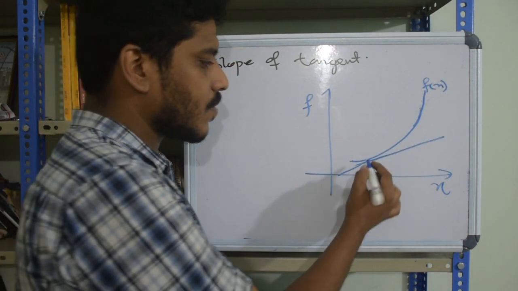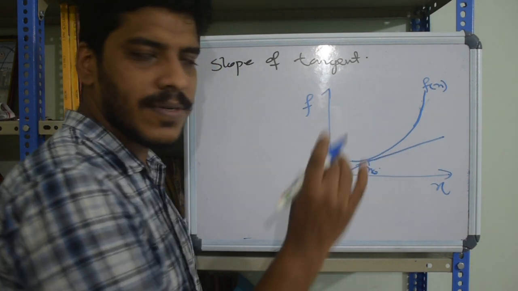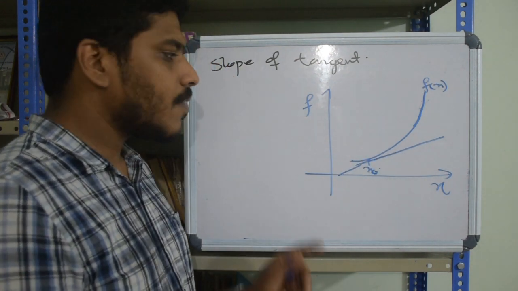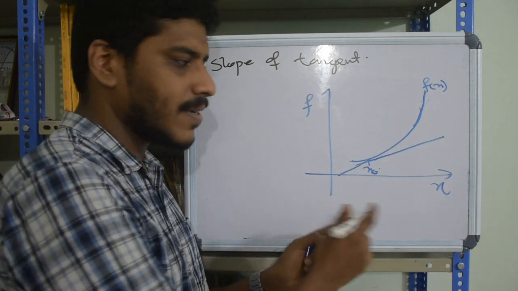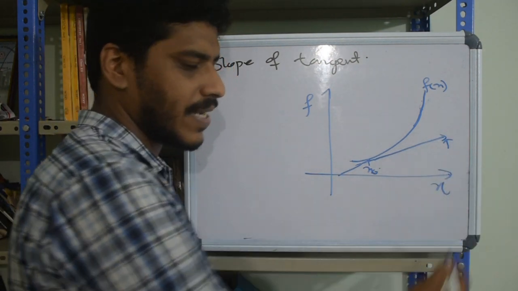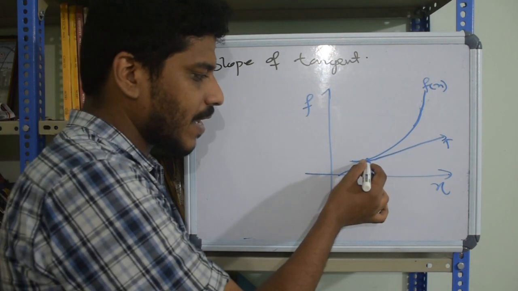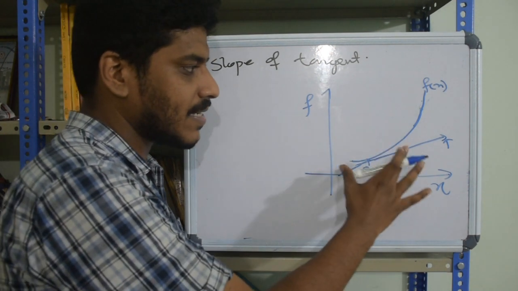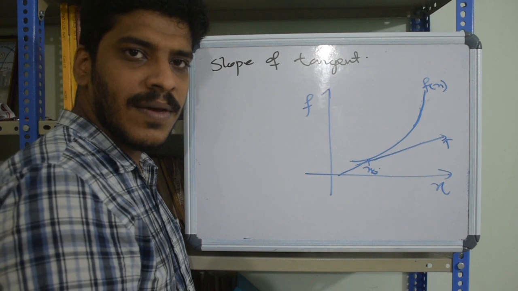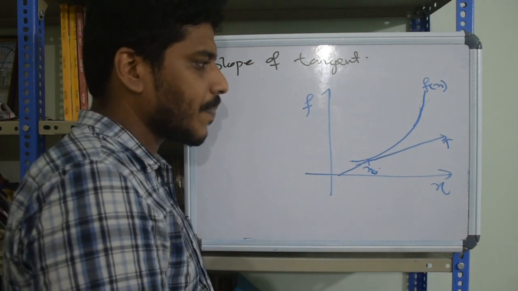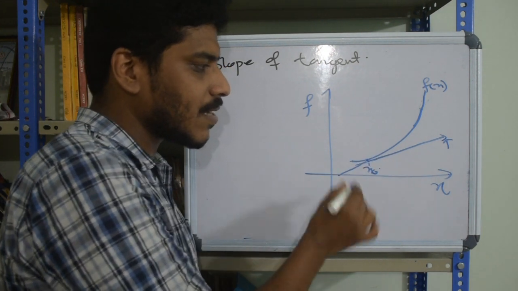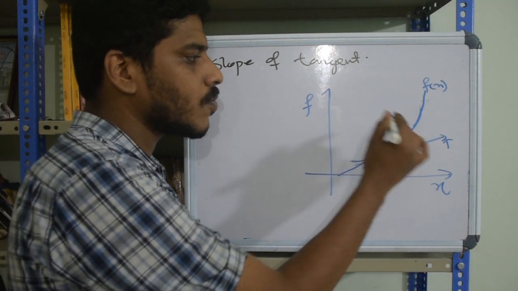Right. So choose this point to be x naught. So our task is to find the slope of the tangent line. I call this line t, the tangent line, at the point x naught. The slope of the tangent line at x naught. We make use of a technique as we have seen in our case of velocity. Instead of considering a single point x naught, we consider 2 points.